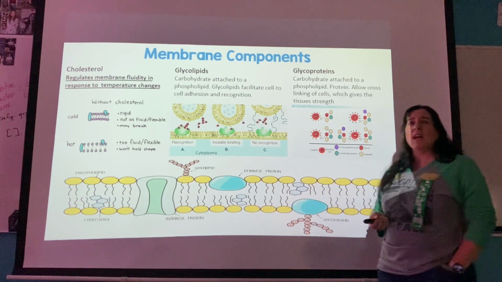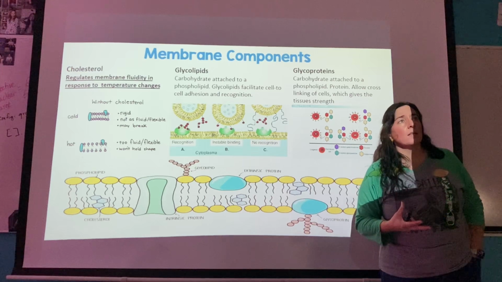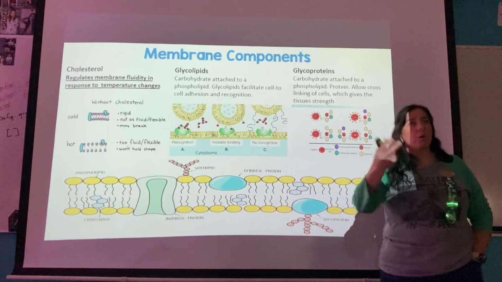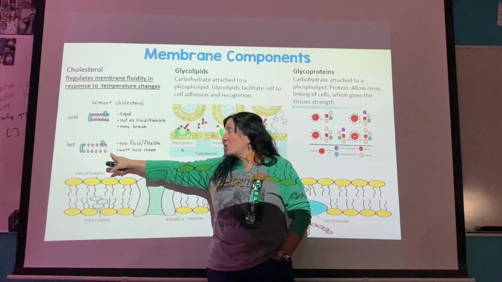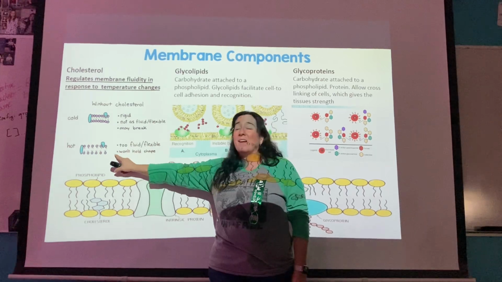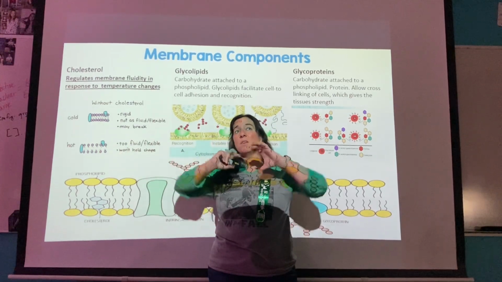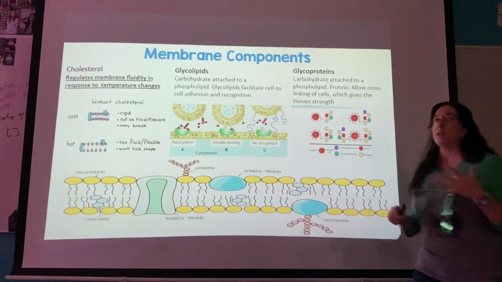If it's hot, guys, think about things as they get hot, like plastic. Whenever it gets hot, what happens to that plastic? It becomes more malleable, a little bit more pliable. And so, because that cholesterol, if we have a little bit less, it helps to make it a little bit more rigid. That way, it will help to hold its shape.